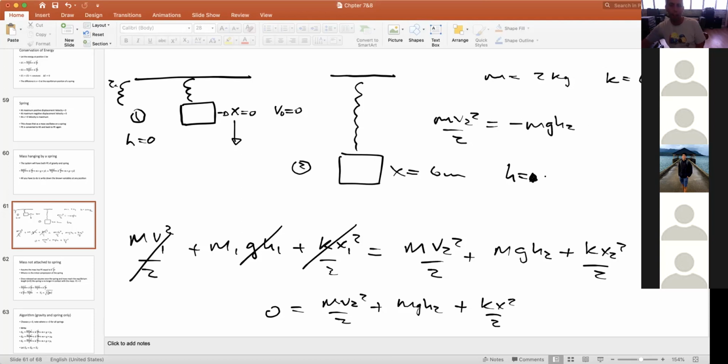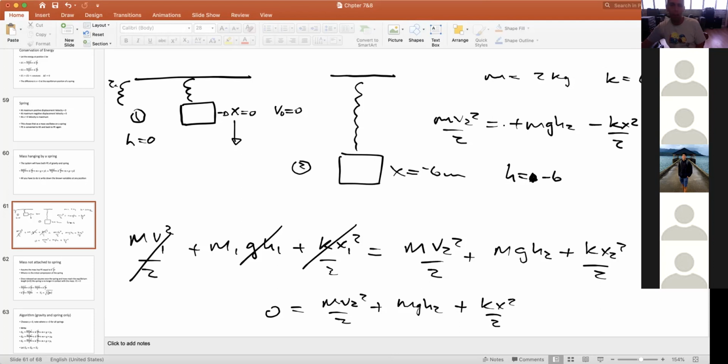And keep in mind, this should be a minus 6. And minus k x squared over 2. So this becomes positive because h is going to be negative.